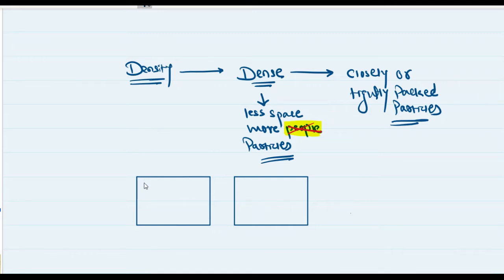So in the first space, the molecules are there, but they are just dispersed here and there. Okay, in the second space, the molecules are like this. There are some spaces between the molecules, but relatively, the molecules are tightly packed.